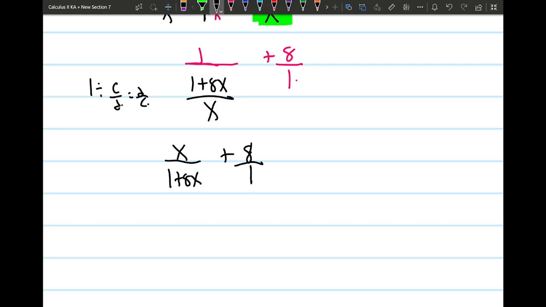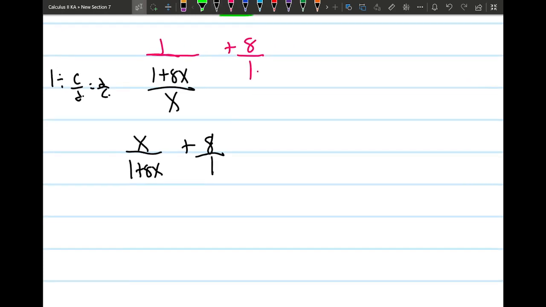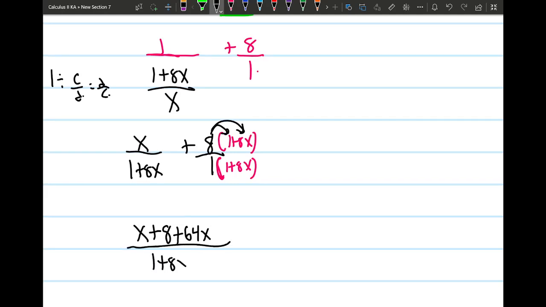All right, so now the last part here is to do cross multiplication. And like I said, you can do it if you want, you don't have to. You can just do this instead. So the common denominator is this. And then from here, we're going to do x plus the quantity, so we're just going to distribute that 8, plus 64x, all over 1 plus 8x.